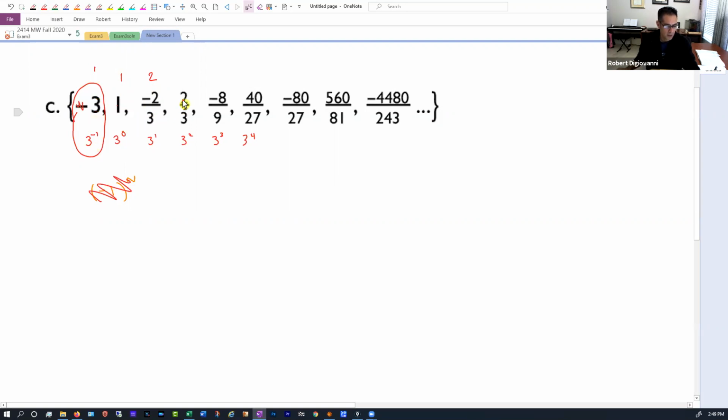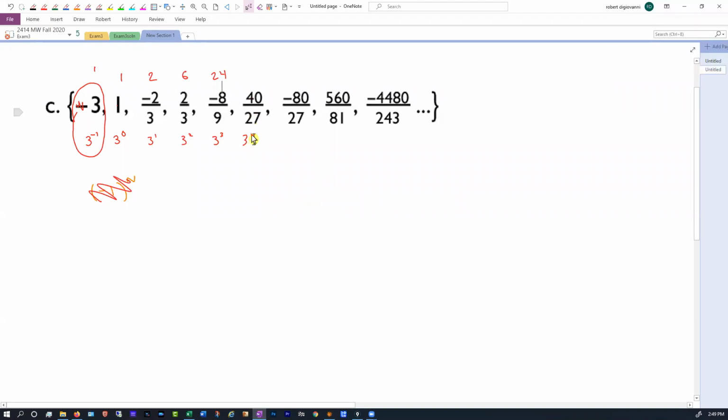This one, what would I need on top? The bottom is really a 9, if I follow this pattern, but it needs to be a 3. You need a 3 up top, so this needs to be a 6. 6 over 9 would give me 2/3. This one is a 9, but this is really 27. Again, there's a 3 that went away, so I need a 3 on top. So that would be 24. Is this making sense?